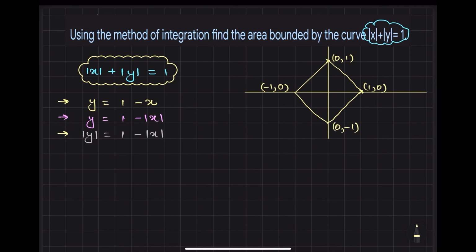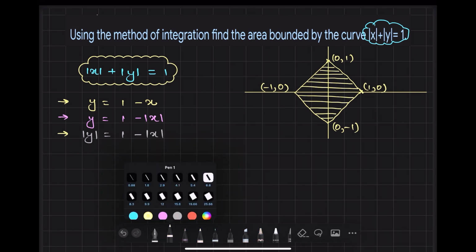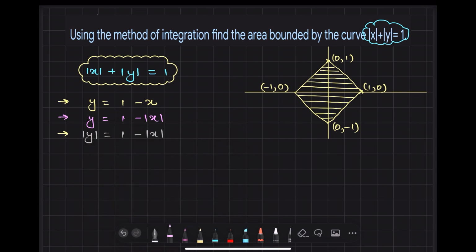So you have to find the area of this part. Now try to understand: don't you think that if we find the area of one triangle in the first quadrant, all will be equal, right? So we have to find the area of this part and things are done.